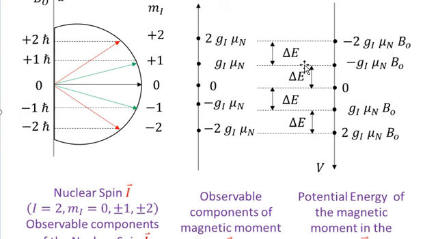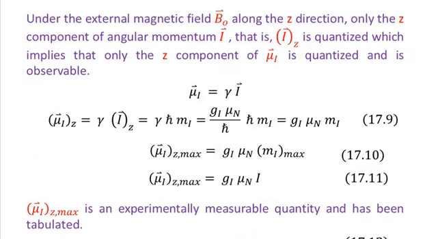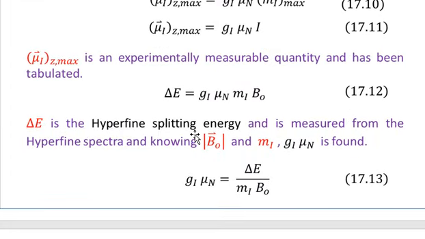So delta E is actually the consecutive difference between two quantities, and when you are taking delta E as the consecutive measurement, then of course delta Mi will be equal to 1. So you can write delta E, the separation between two terms in the hyperfine structure, is equal to Gi into mu n into delta Mi into B naught. If you are considering different Mi levels, that will be delta Mi.